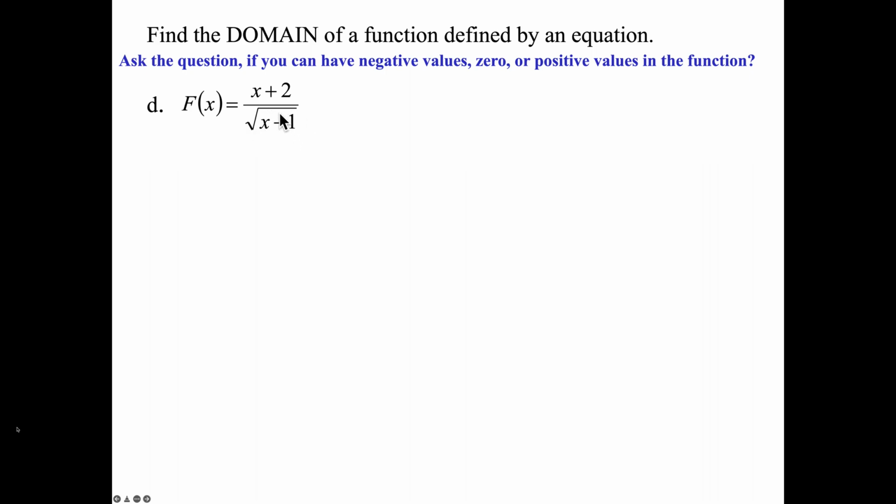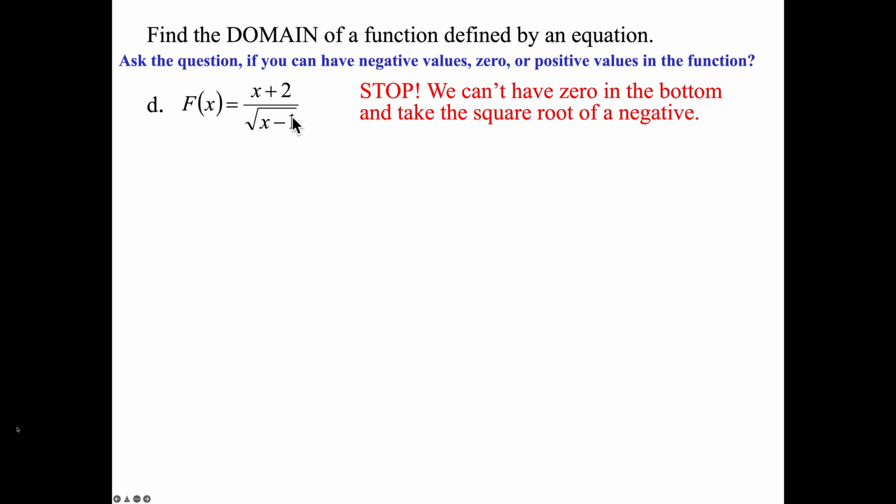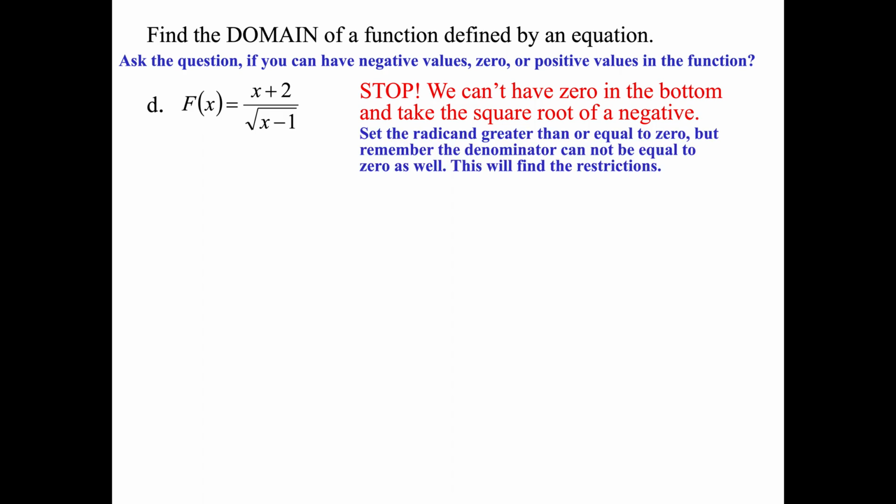There's going to be a restriction on the inside of my square root. The top, nothing to worry about. It's the fraction bar, the denominator, and the square root in the denominator. That's a problem. Okay, so we got to take care of both of those.